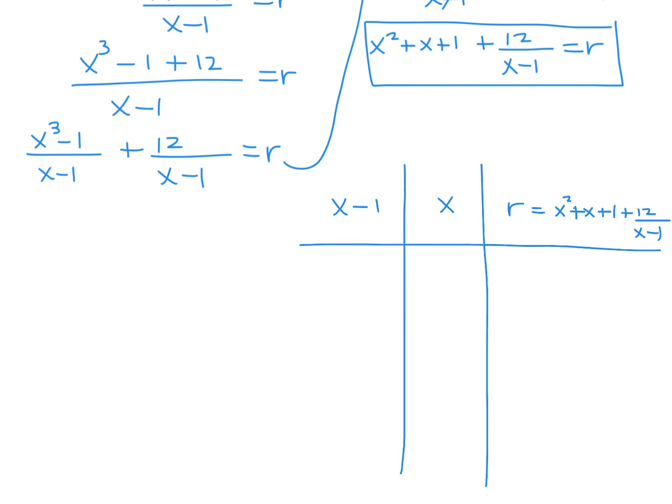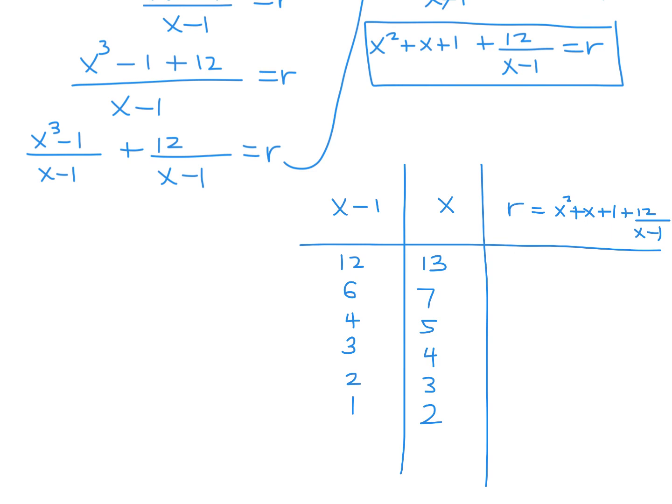Well, obviously, x minus 1 has to be divisible by 12, so you have to be able to divide it into 12. So either 12, 6, 4, 3, 2, or 1. Correct? And that would make this an integer, and therefore r would become an integer because x is an integer. X values would be 13, 7, 5, 4, 3, 2.